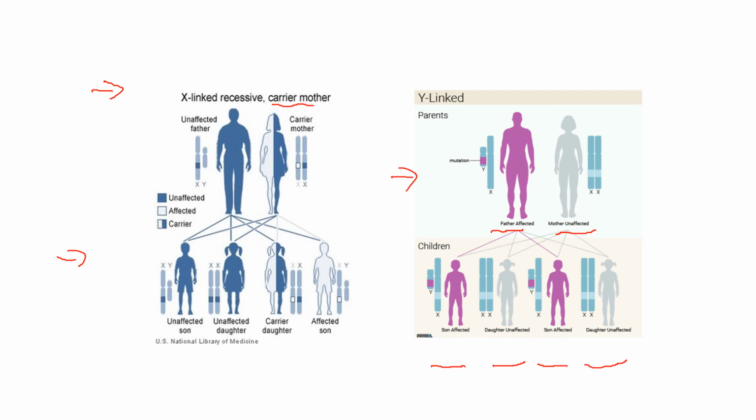It's again the same, you just have to make a Punnett square. In that way you can find these different types of inheritance. So the answer will definitely be that both X and Y chromosomes can carry these sex-linked traits.